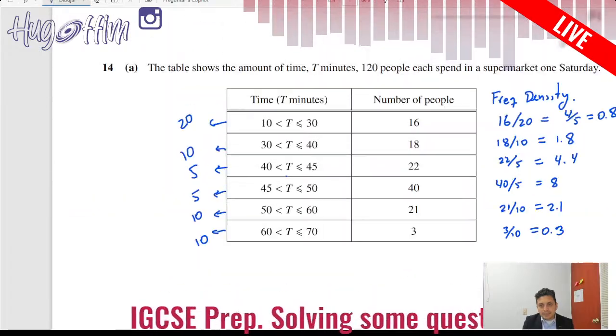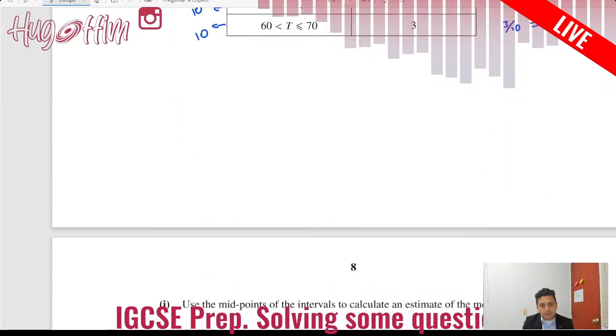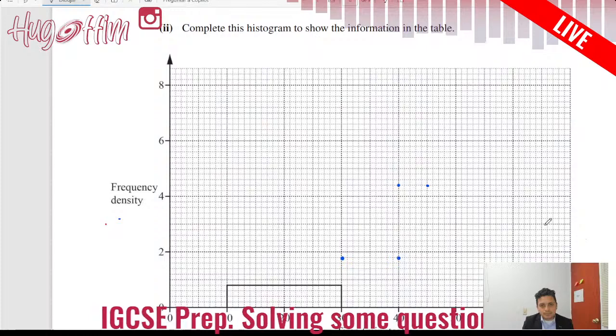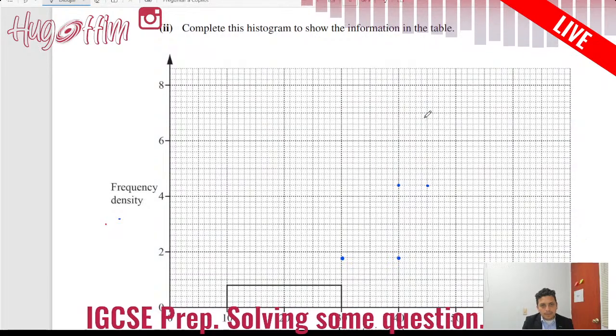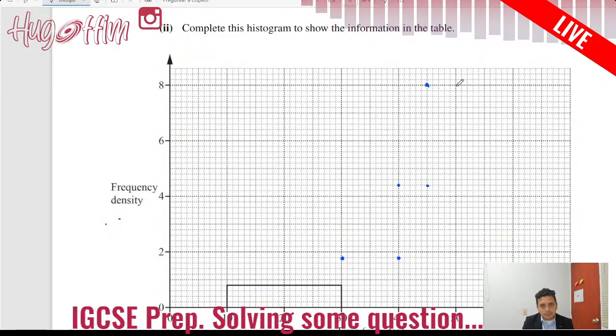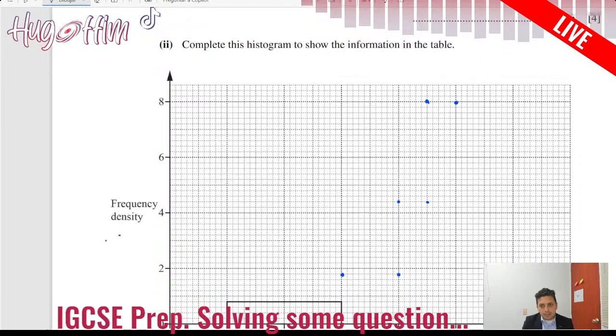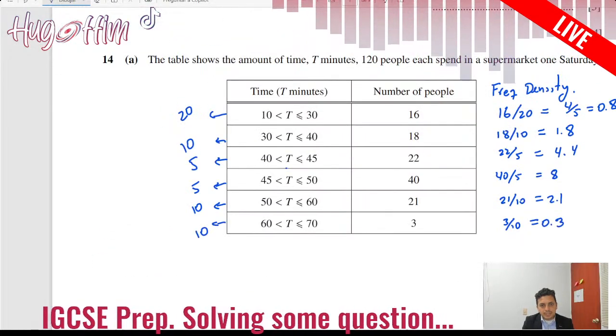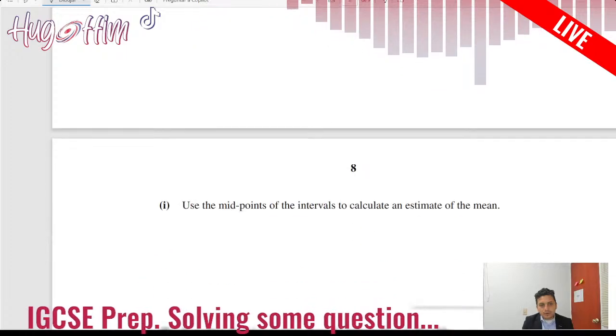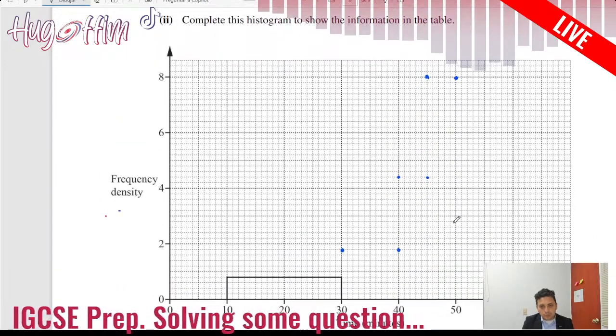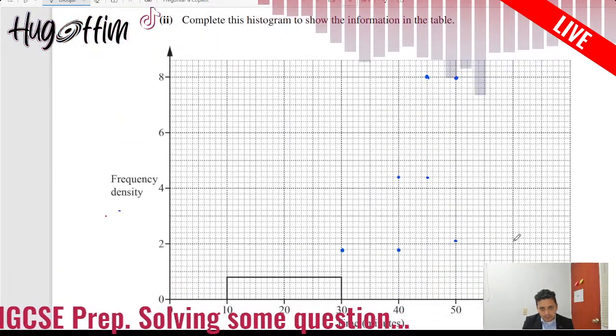Then the next is 8, that goes from 45 to 50. So 8. And the other, it says 2.1 from 50 to 60. So 2.1 is like here.